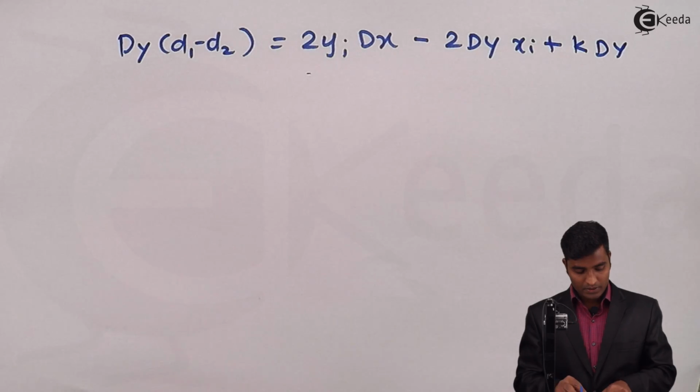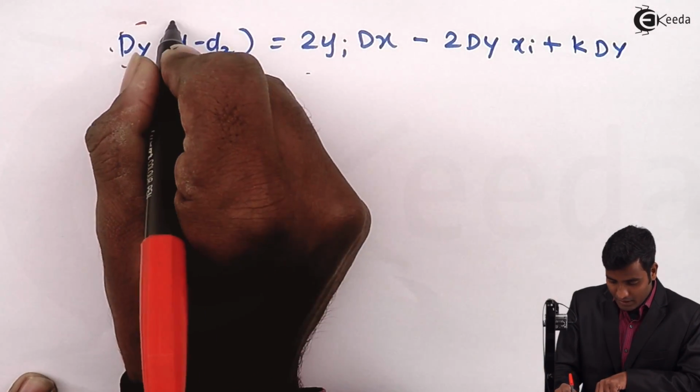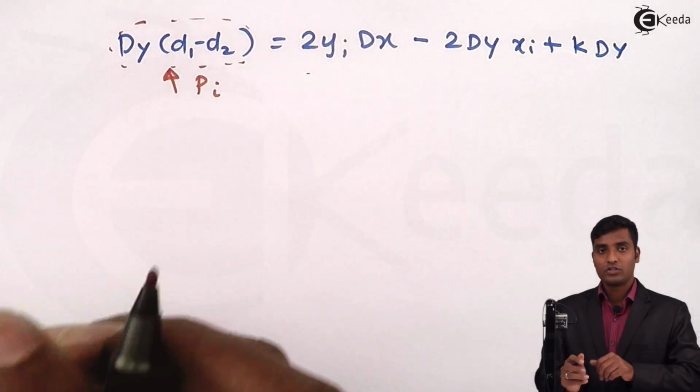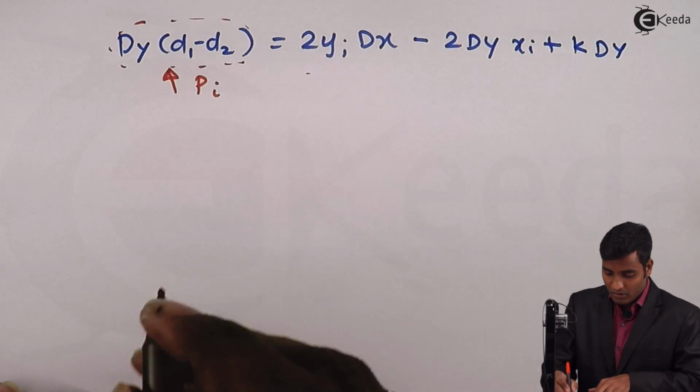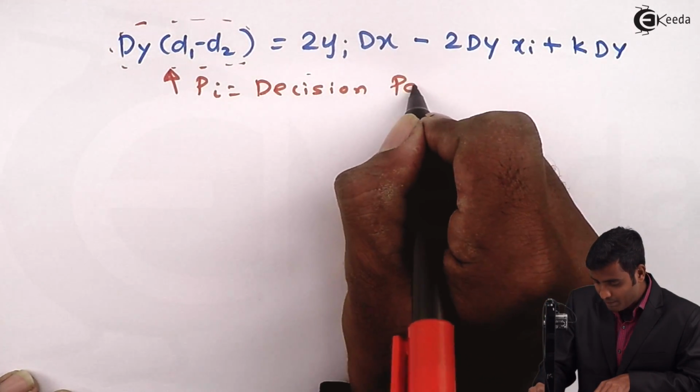Now this left hand side term, I will name it as pi, where pi is called the decision parameter.